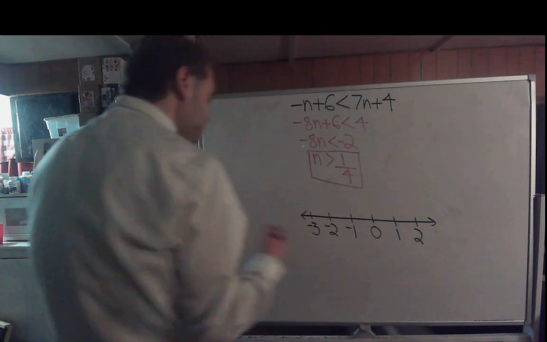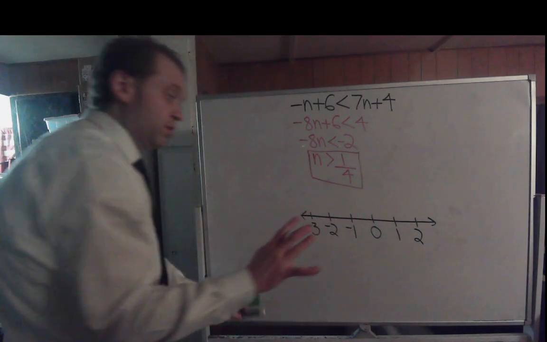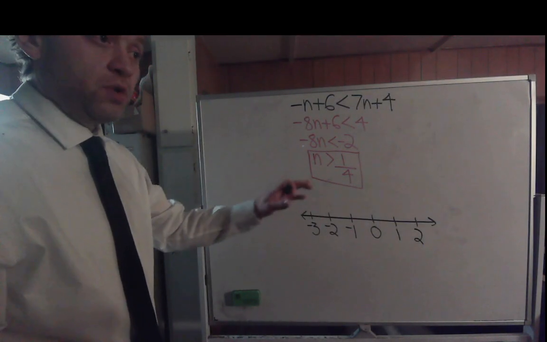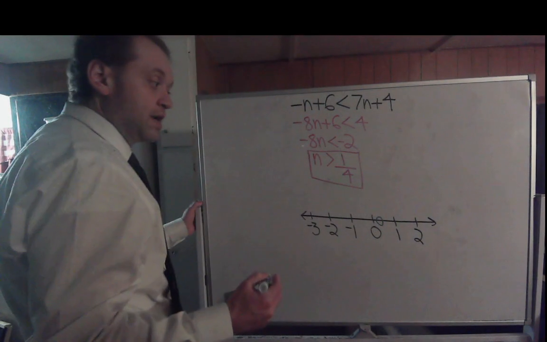Alright, so n is only greater than 1/4. It does not include 1/4. So at the point of 1/4 on your number line, since it does not include 1/4, you'll draw an open circle at 1/4, and then you'll shade everything to the right since it's greater than 1/4.